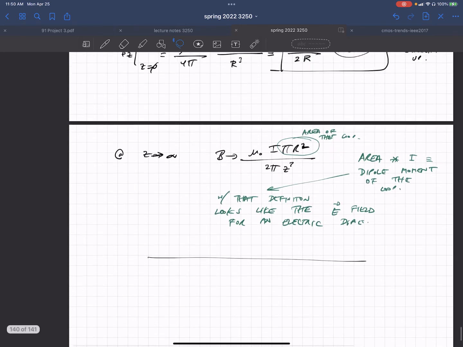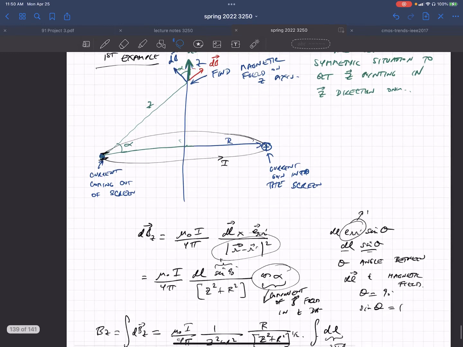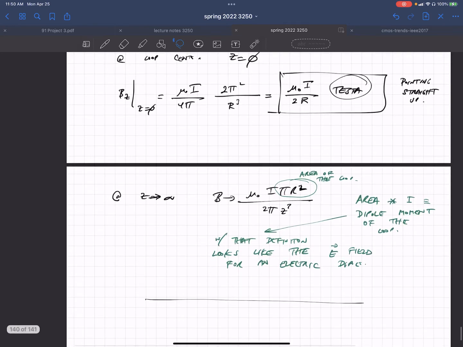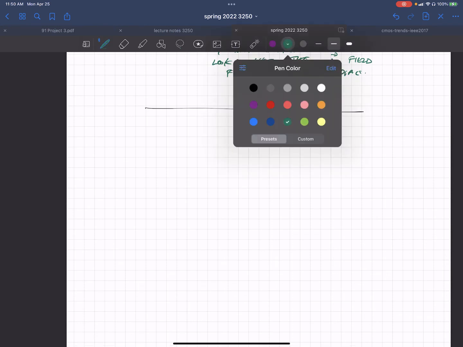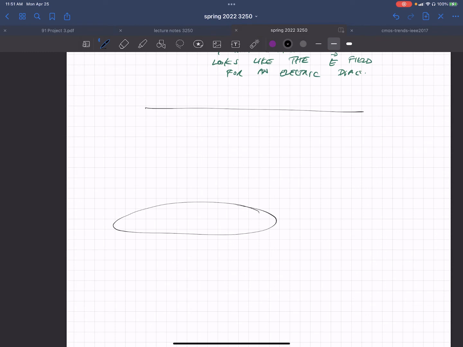Anyway, the other thing about the dipole is that let's say we just calculated the magnetic field at just R. So we calculated the magnetic field just along the z-axis, because you only get the symmetry right on the z-axis, so it's easier to calculate.